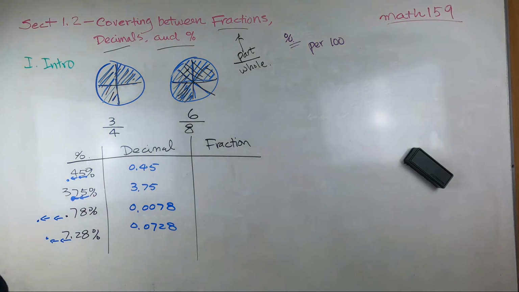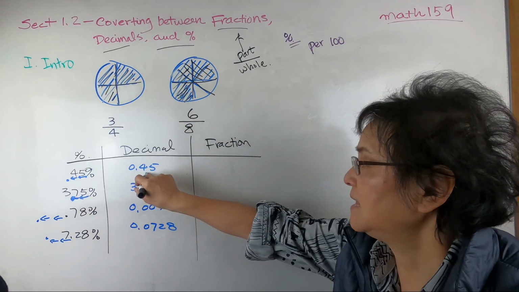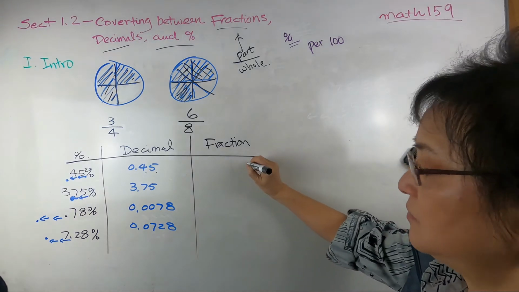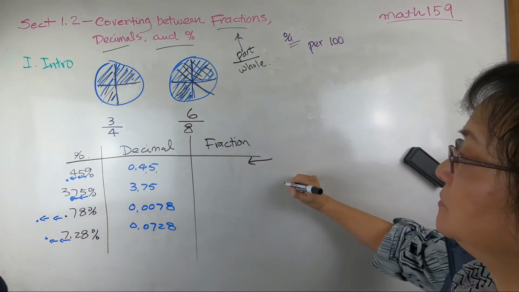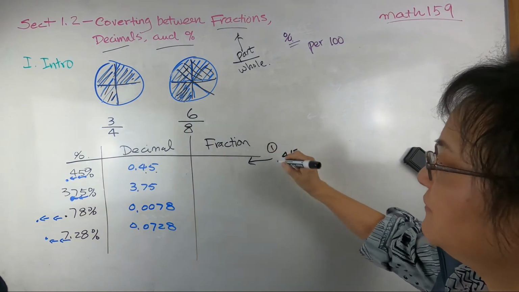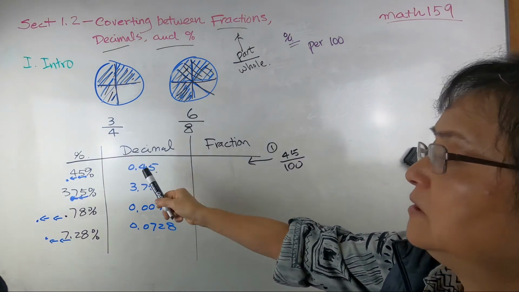Then how do we convert decimals to fractions? So we say this is the tenths, hundredths place, right? For this one, how should we do it? We say, okay, I have 45 over the hundredths position.